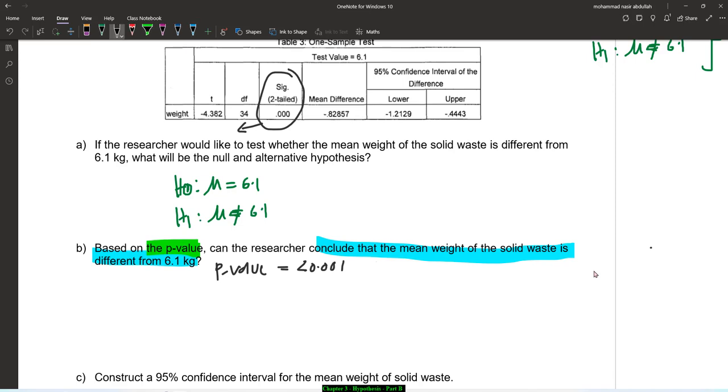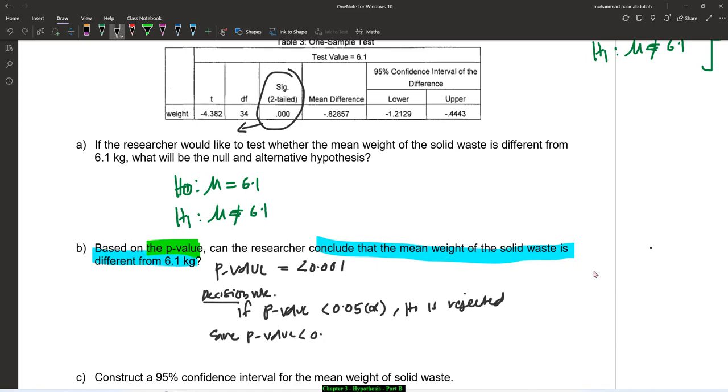Right. So, decision: if the decision rule, if the p-value is less than 0.05, which is alpha, the null hypothesis is rejected. So since the p-value is less than 0.05, very small here, the null hypothesis is rejected.